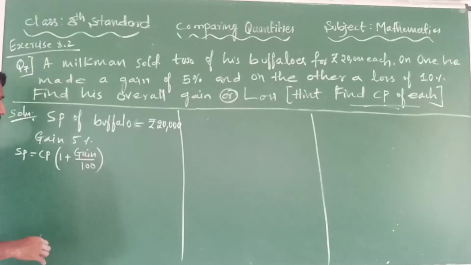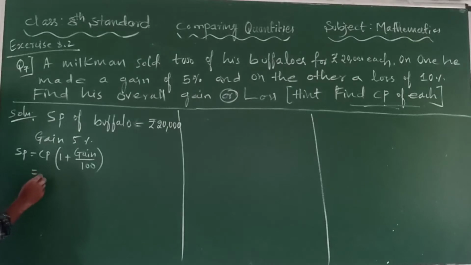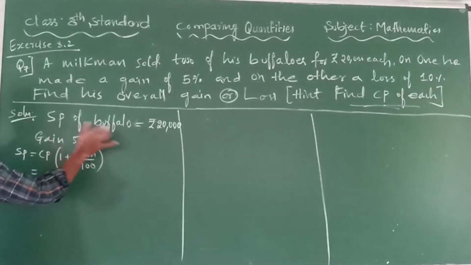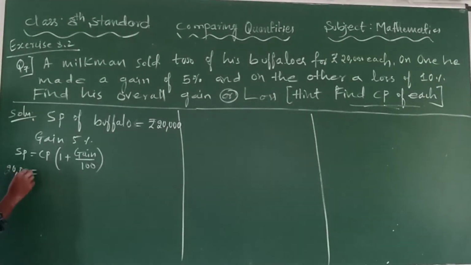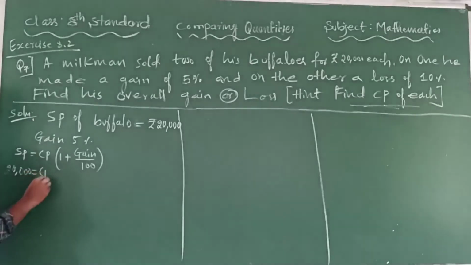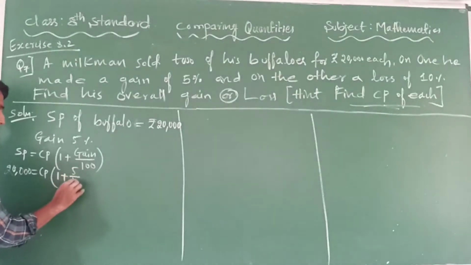By using this formula, we have to find the cost price. Here the selling price of the buffalo is 20,000 rupees. Cost price we have to find out here: 1 plus gain, that is 5% by 100.